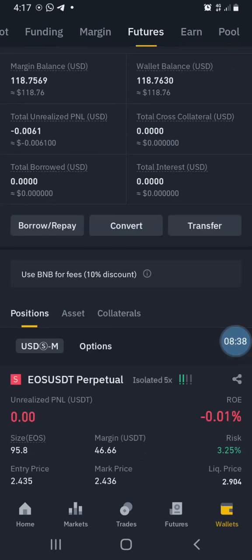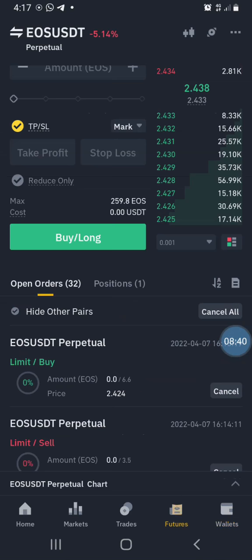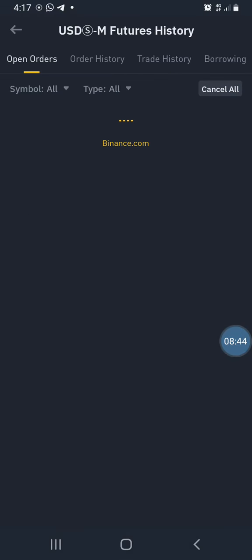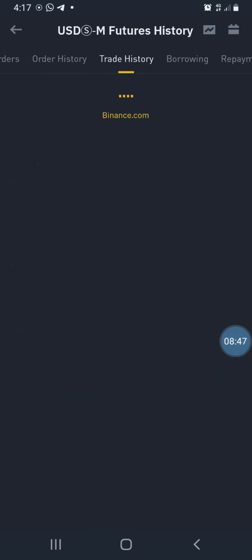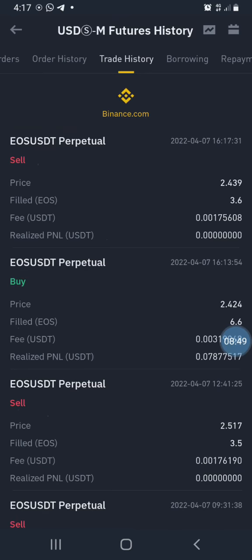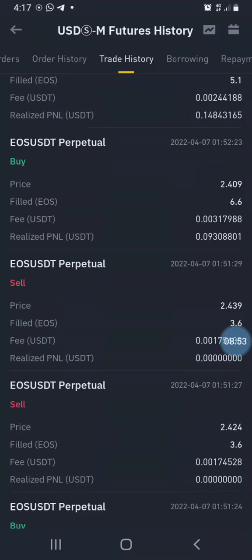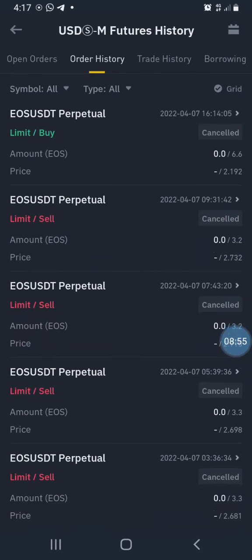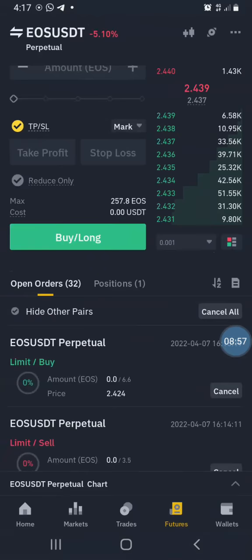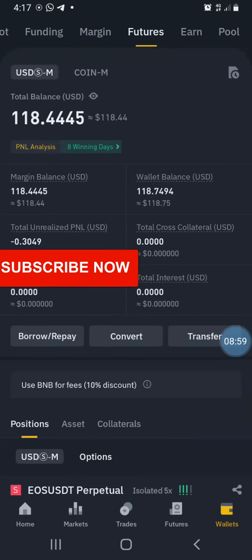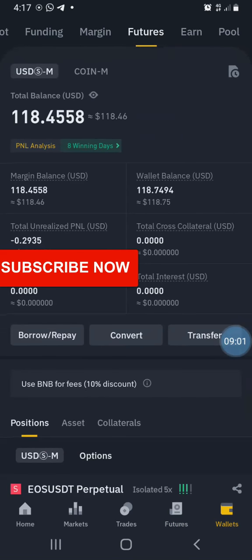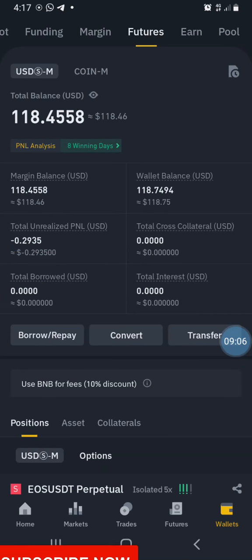Right. Let me show you something again to show what the bot has done so far. If you click on this, it is the trade history. You can see the bot activities right there. Sell, buy, sell, buy, sell, buy. Everything is recorded live on the exchange. The reason why you may be seeing something like 8 winning days is because I abandoned this particular Binance account for a long time.